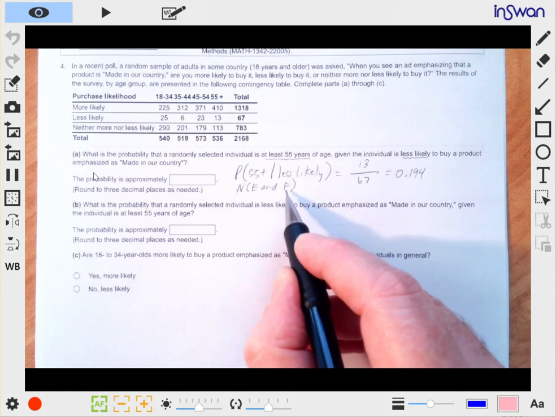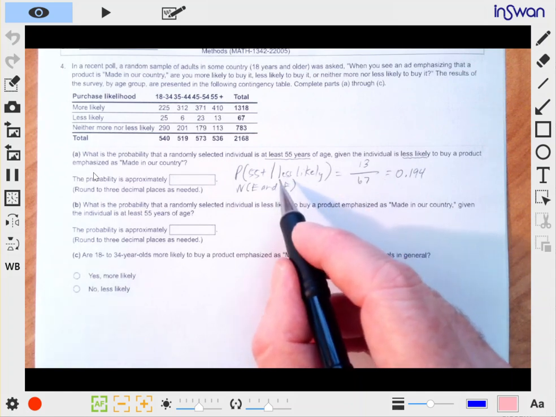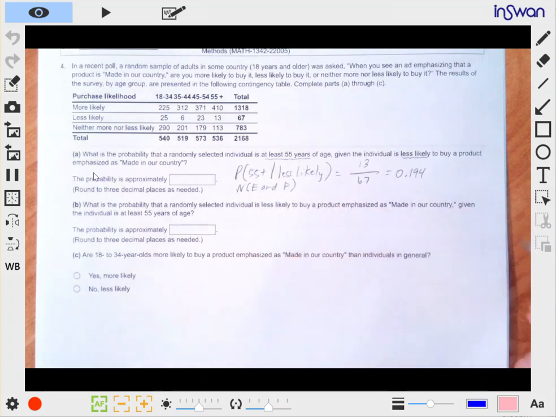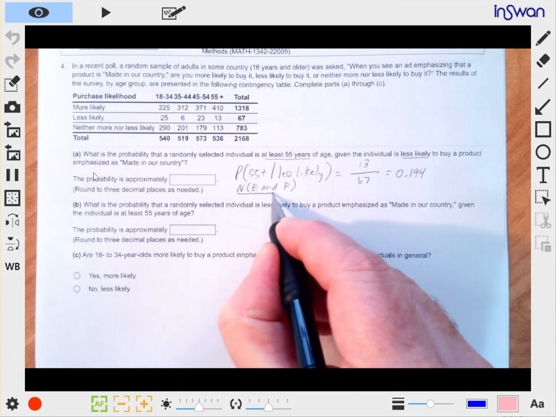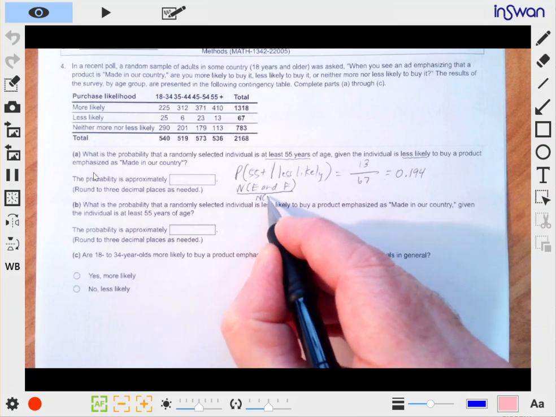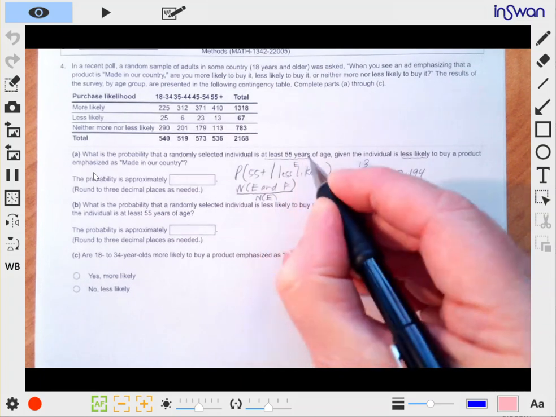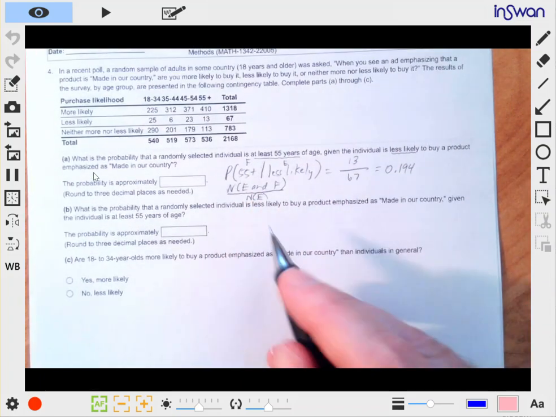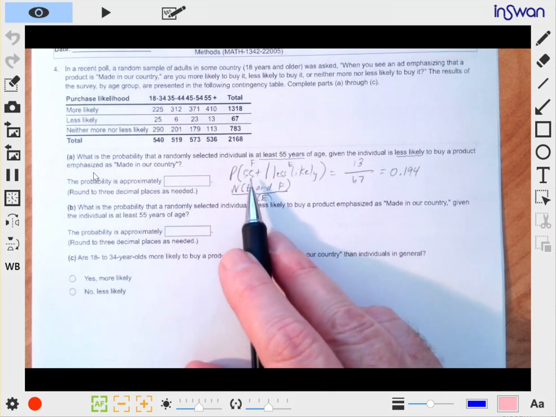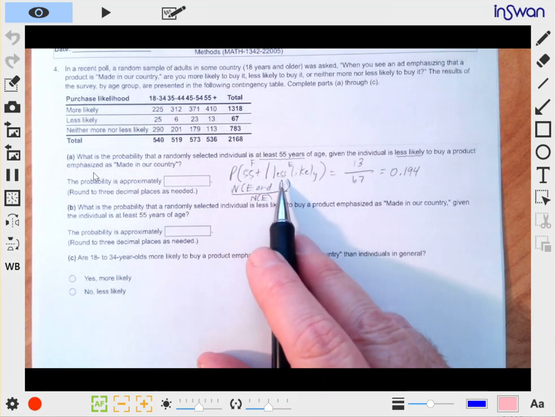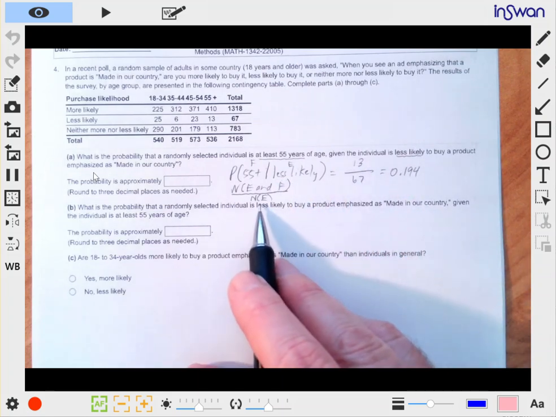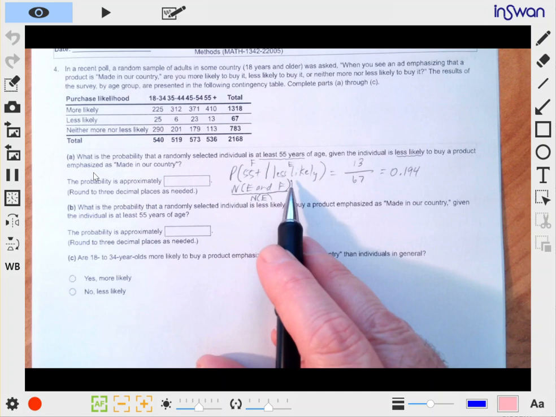I guess actually it would be less likely is E and 55 plus is F. So again, this is basically event E and this is basically event F. So the number of elements in E and F, so people that are 55 and less likely to buy American, that's the 13, divided by the total number of people in the less likely group, which is 67.